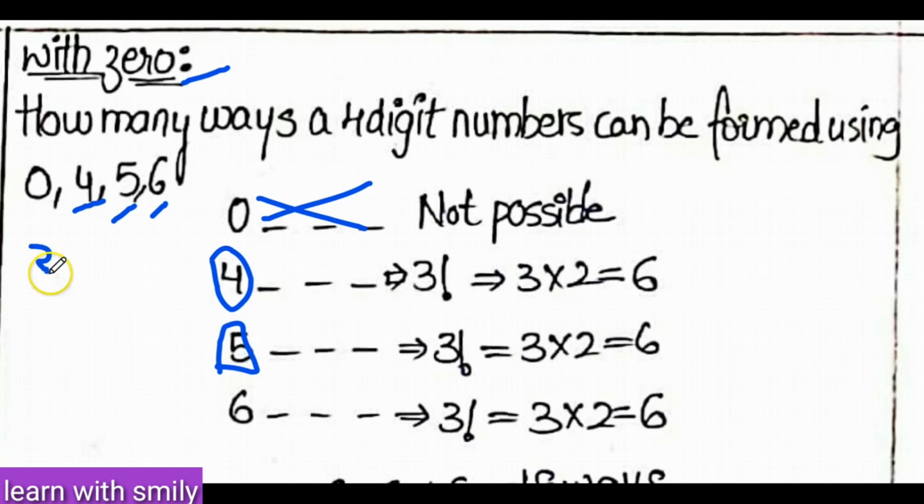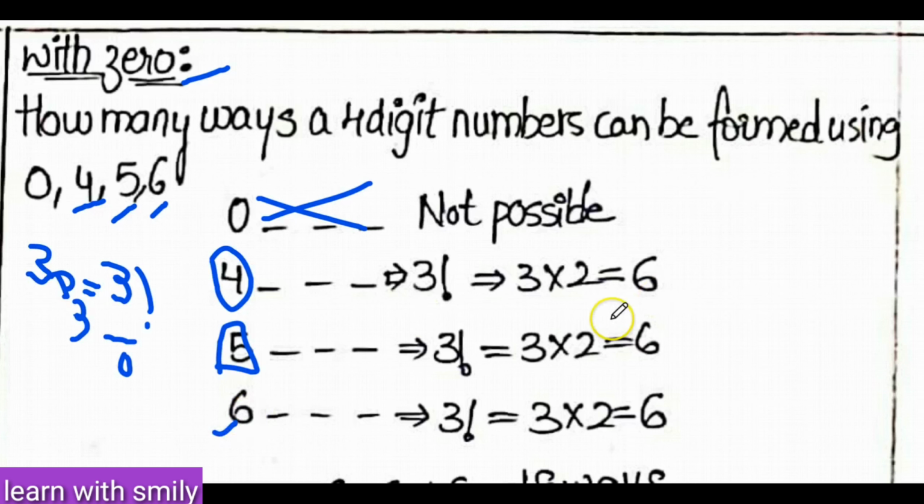For your quick understanding, there are 3 numbers to arrange in 3 places, that is 3P3, which is 3 factorial by (3 minus 3) factorial, which is 0 factorial. So obviously this can be represented as 3 factorial. That's what we have written in shortcut form. Got it? And the same applies for 6 also.